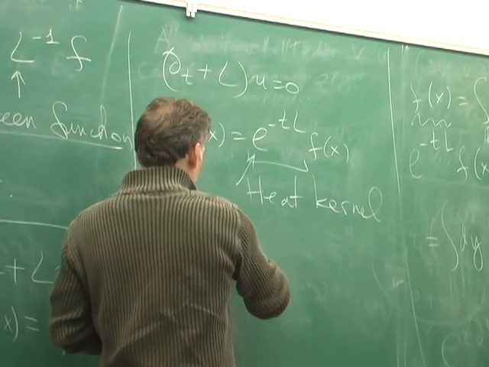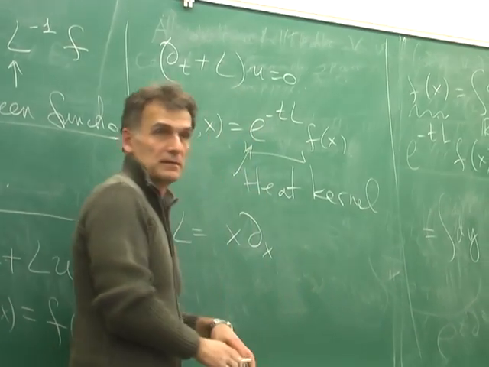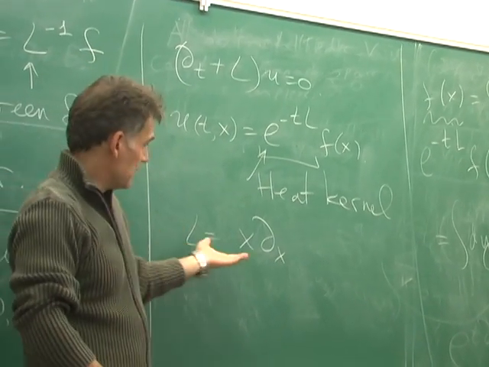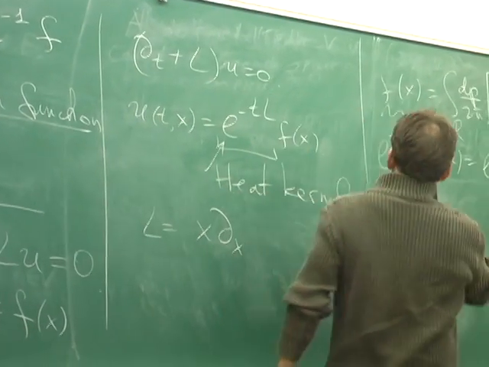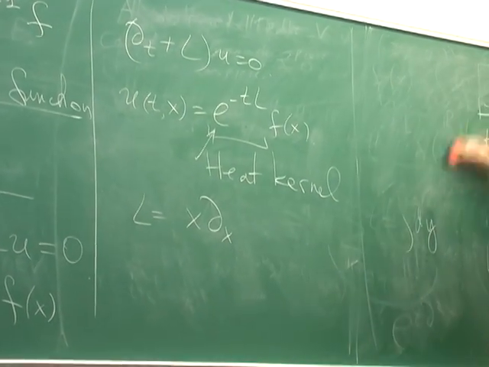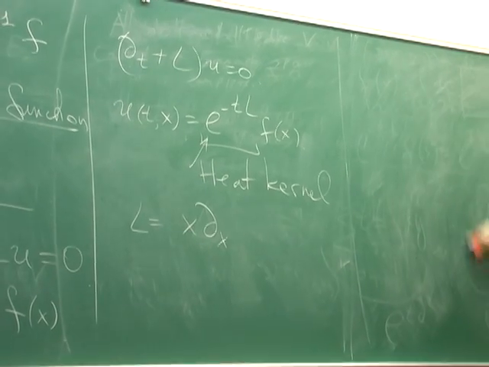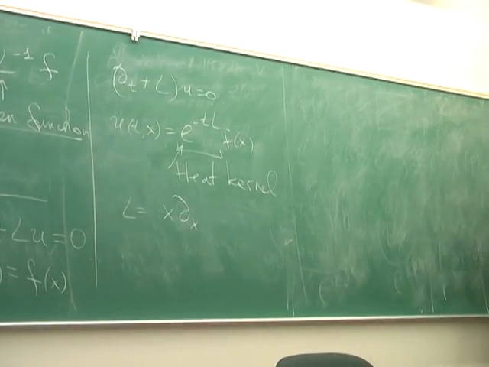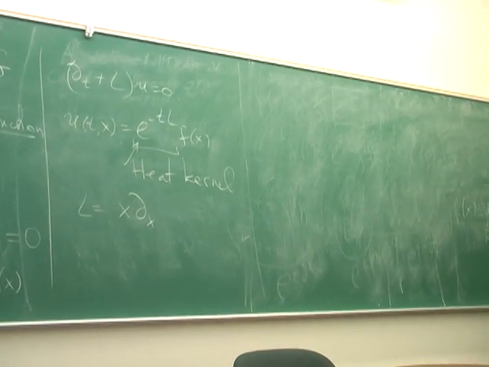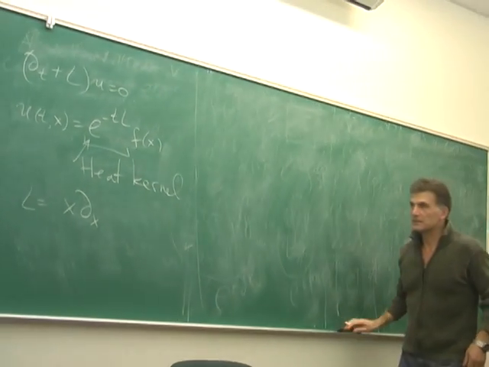Suppose you have an operator like this, x d/dx. And it would be a bad idea to use Fourier. I mean, it wouldn't work. But you need to find a function on which this operator acts by multiplication. Well, you probably know this function very well. You just don't realize it.